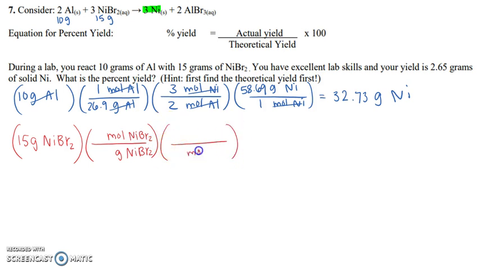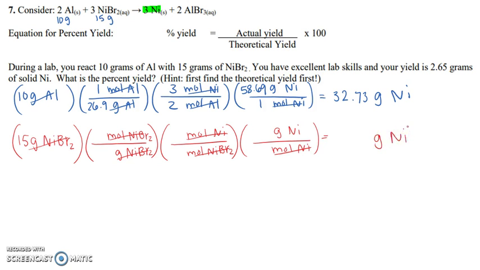If I cancel out moles of NiBr2, I can turn it into moles of nickel. And if I cancel out moles of nickel, I can turn it into grams of nickel. So grams and grams, moles and moles, moles and moles. Ultimately, my answer would come out in grams of nickel.